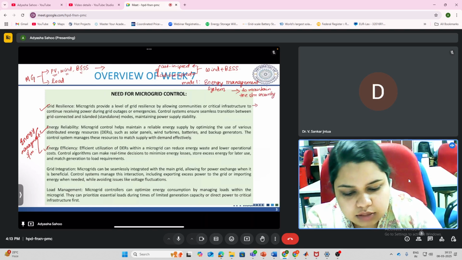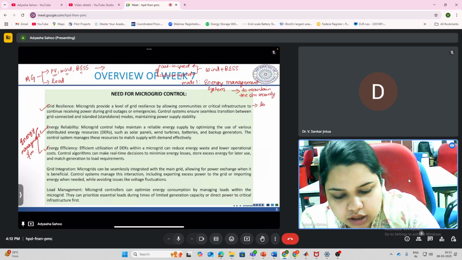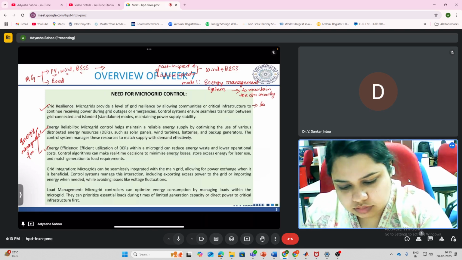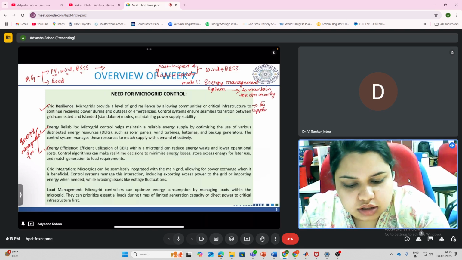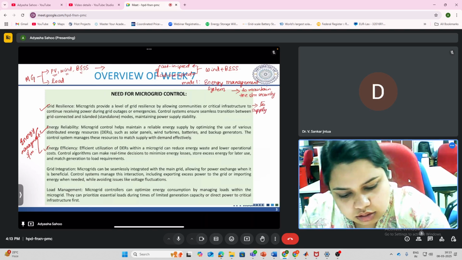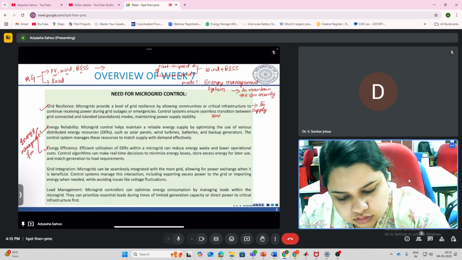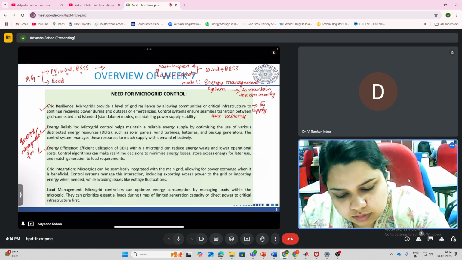Its second aim is to supply continuous, uninterrupted power to the load.